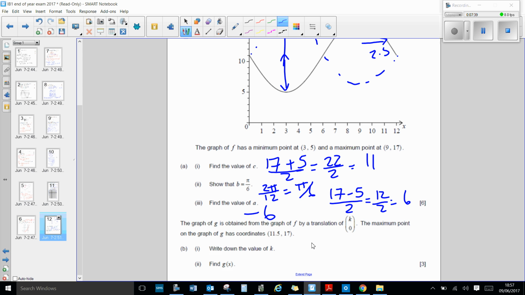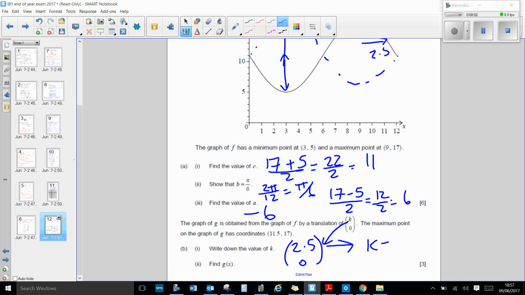So the value of K is 2.5, because the translation is given as the direction that it goes. K tells us the horizontal movement. It's in a positive direction, going to the right. So the value is 2.5.